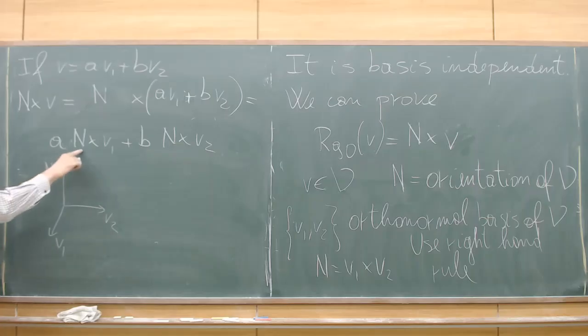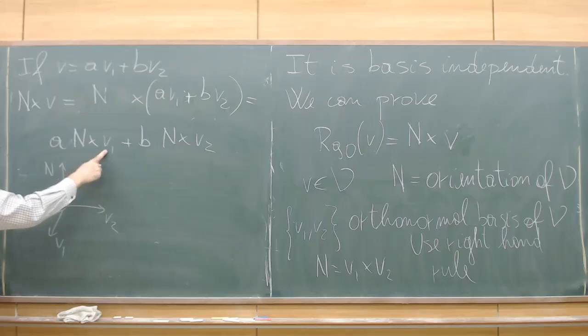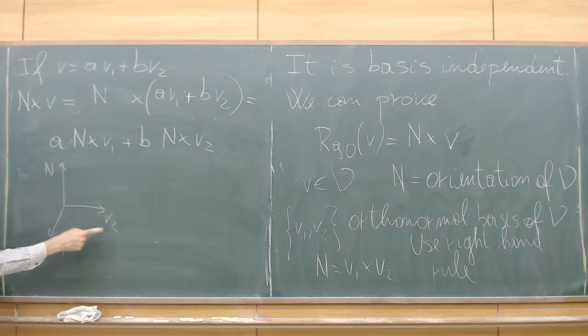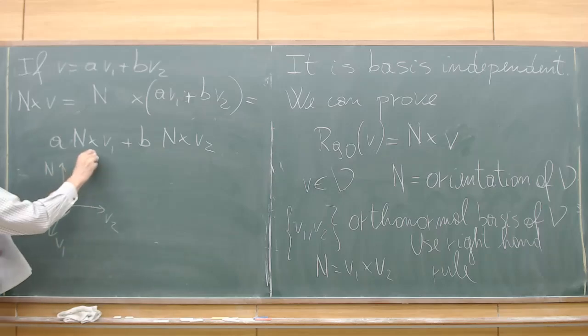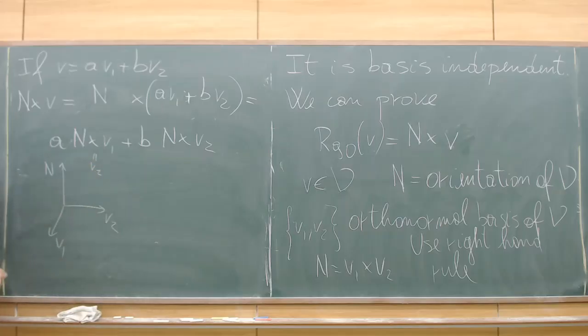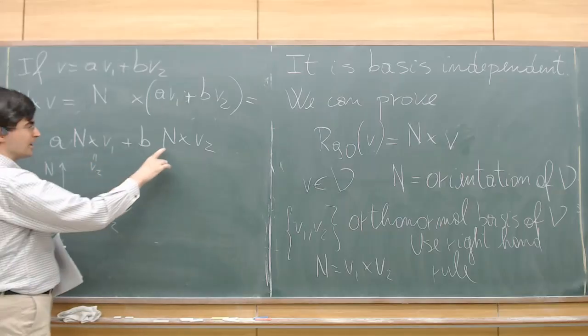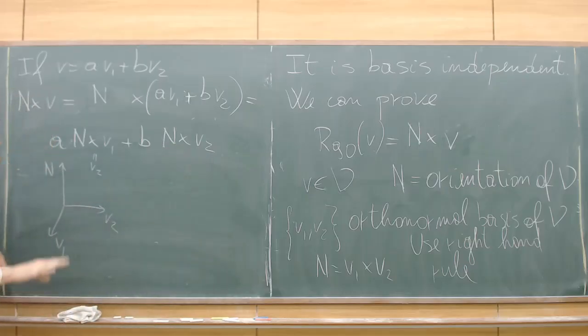Then n cross V1 is a vector of length 1, and it points like V2, so it coincides with V2. Instead, what about n cross product V2?